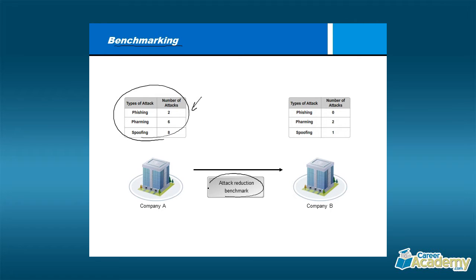So we'll do something similar to what company B might be doing, however you want to look at it, but say this is our goal. This is where we want to get to. And so we could look and see what company B is doing if they tell us about it, and we can see that they have a lot lower number of attacks in those same categories. So we can say, all right, that's where our goal is. We want to take that as a benchmark and apply it so that we can get there.